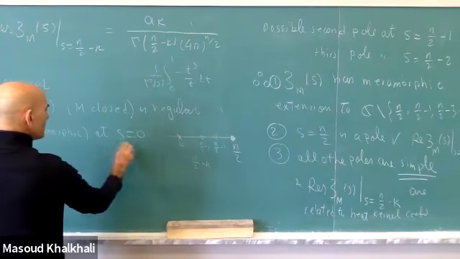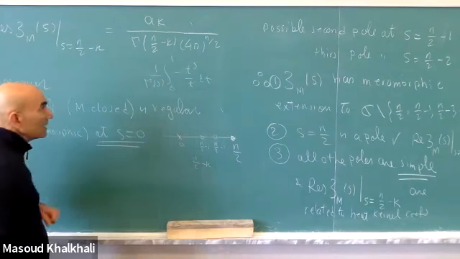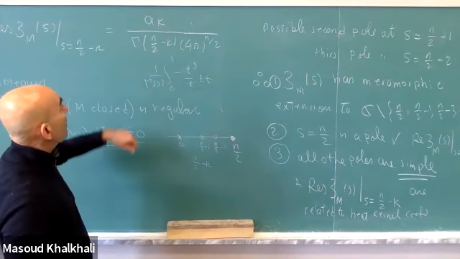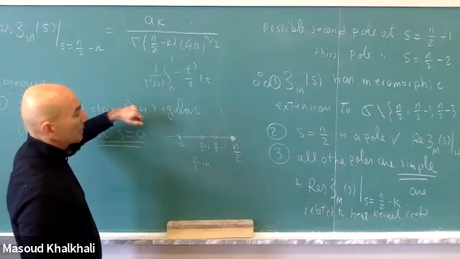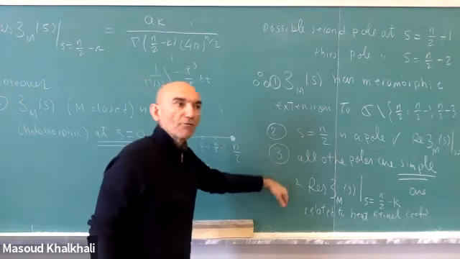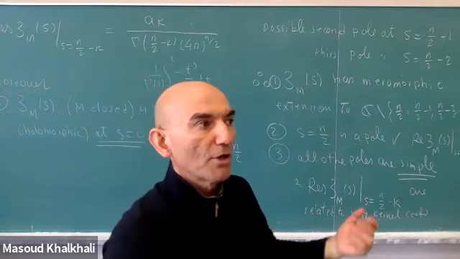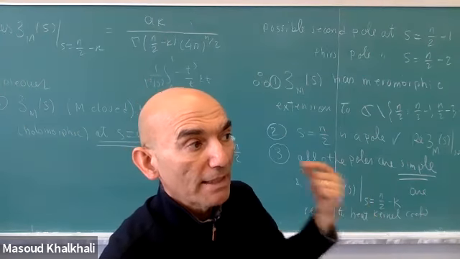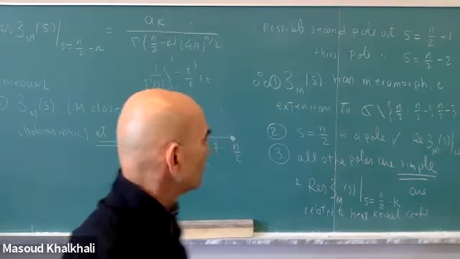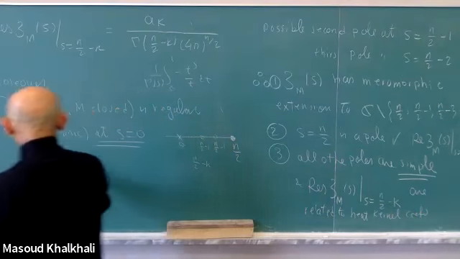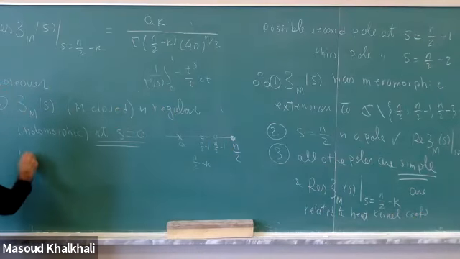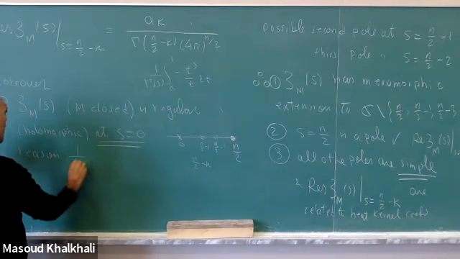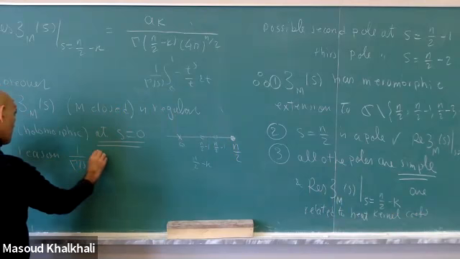But it's not. And the reason is that, again, we have this function 1 over gamma s. And 1 over gamma is regular at s equal to 0. So that's a simple pole, and that kills that possible pole. The reason is that 1 over gamma s has a simple zero.